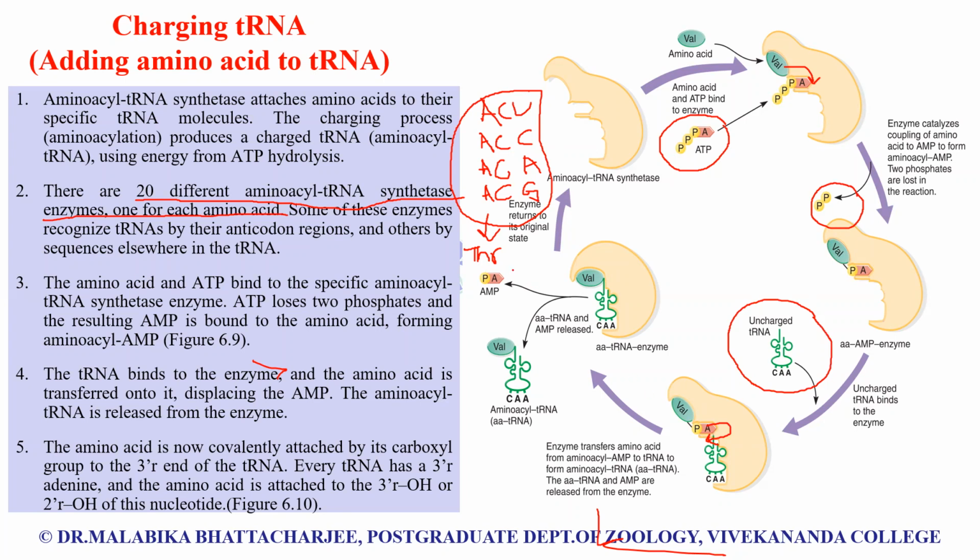So in the next step, we are seeing that the adenosine monophosphate is released, and we are getting a charged aminoacyl tRNA. So the amino acid has been attached to the 3' end of the tRNA. So when we talk about charging, there are two steps.